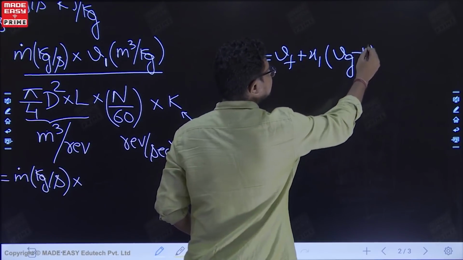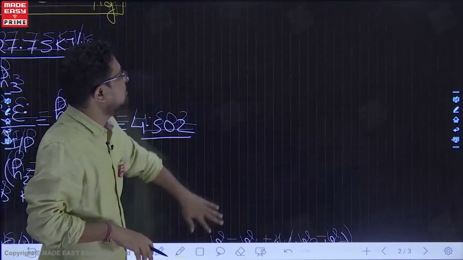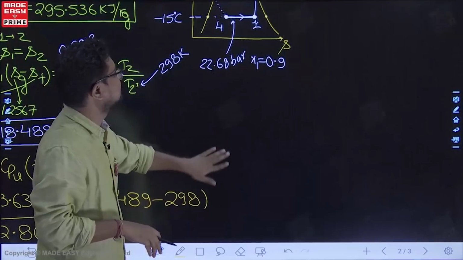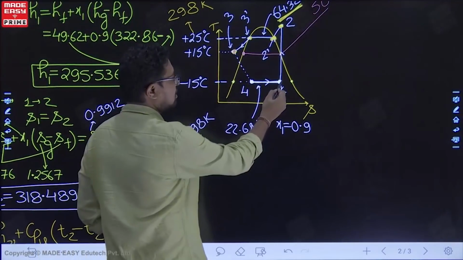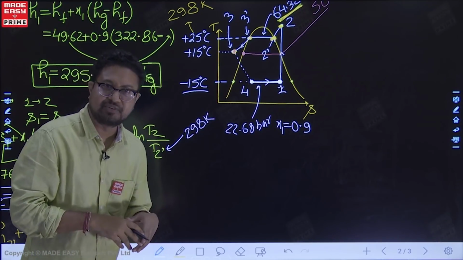How can I write this? Because point 1 here is in the wet region, corresponding to minus 15.